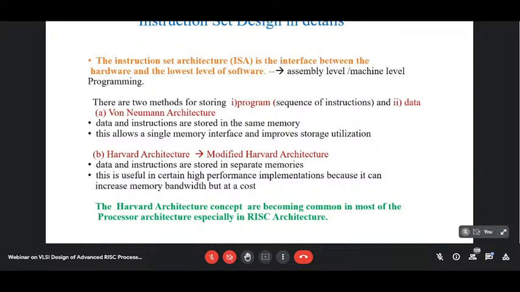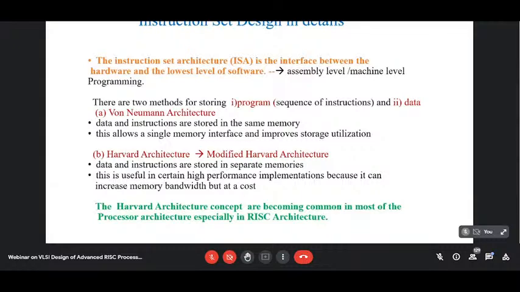Harvard architecture was conceived at Harvard University. Their philosophy is that data and instructions are stored in separate memories. Data will be stored in a separate memory and instructions in another. What is the advantage? The memory bandwidth utilization will be very high. Why?